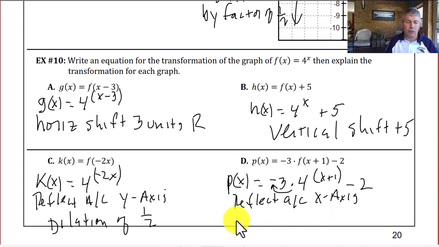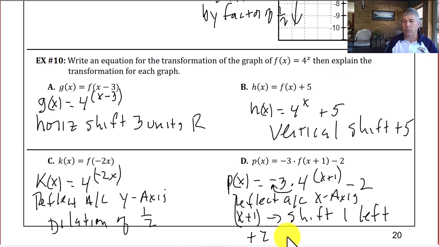The x + 1 tells us we're going to shift 1 unit to the left, and the + 2 says we're going to shift up 2 units.